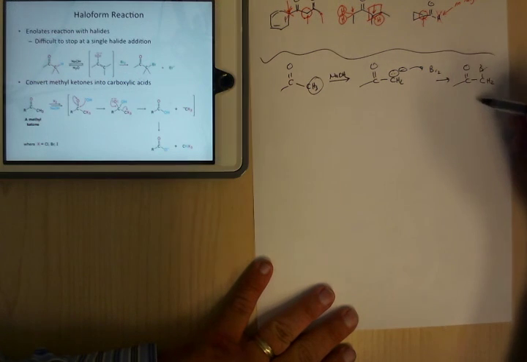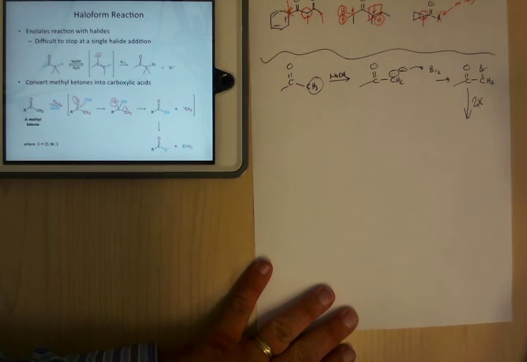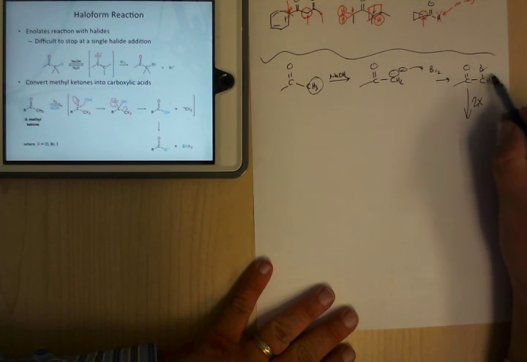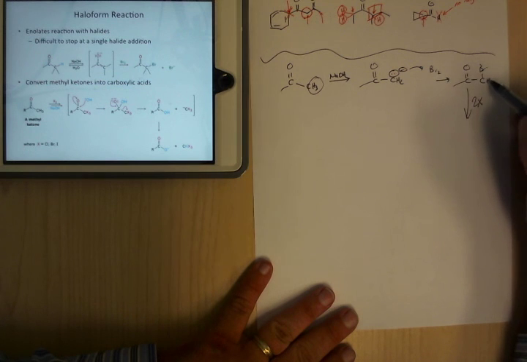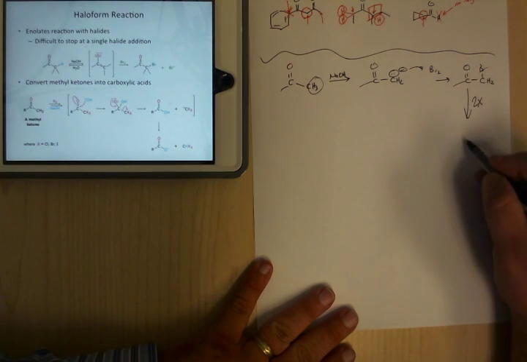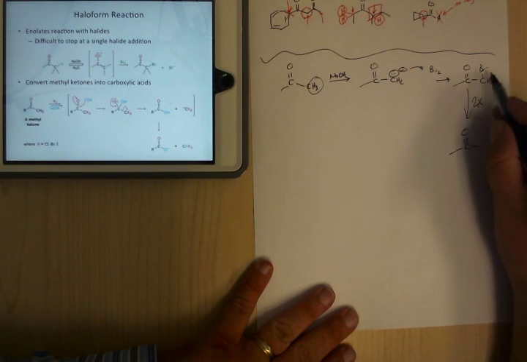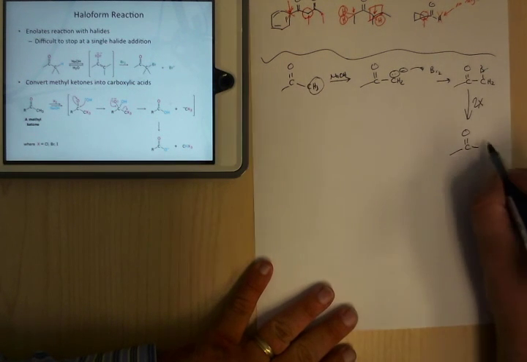One of the quirks is that this actually happens 2 more times, because you're activating this a little bit more. It's making it a little more substituted, plus it's weakening the bonds because of that bromine on there. So what you end up getting is all 3 of these original hydrogens getting converted into bromines.